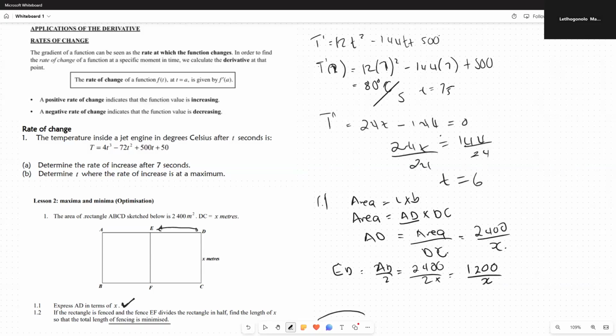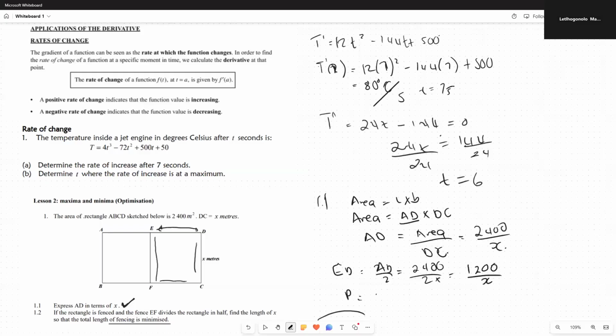In terms of what we have, I do believe we will be only fencing this side. Let's just see: if the rectangle is fenced and the fence EF divides the rectangle in half, find the length of x so that the total length of the fencing is minimized. So that's going to be our perimeter.